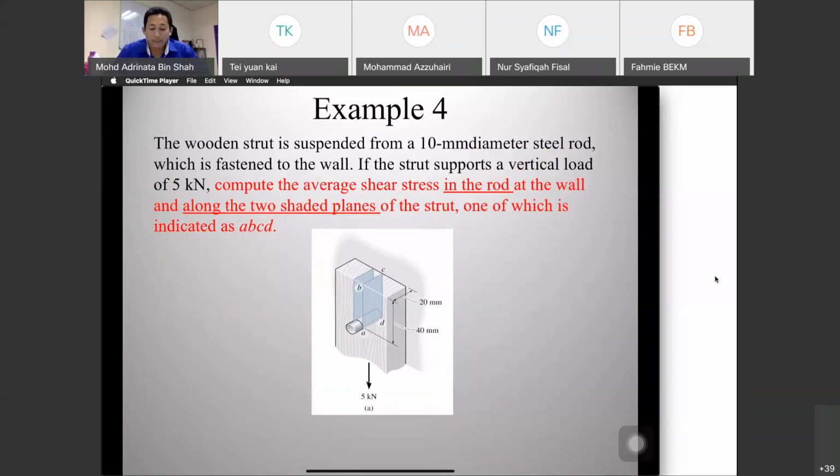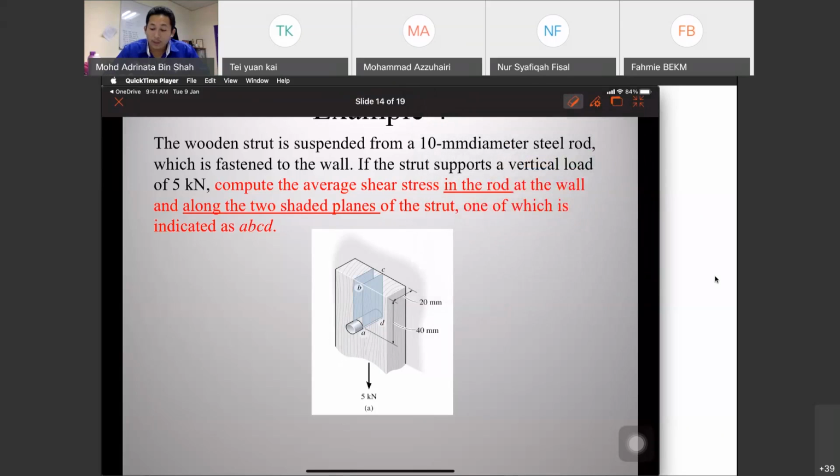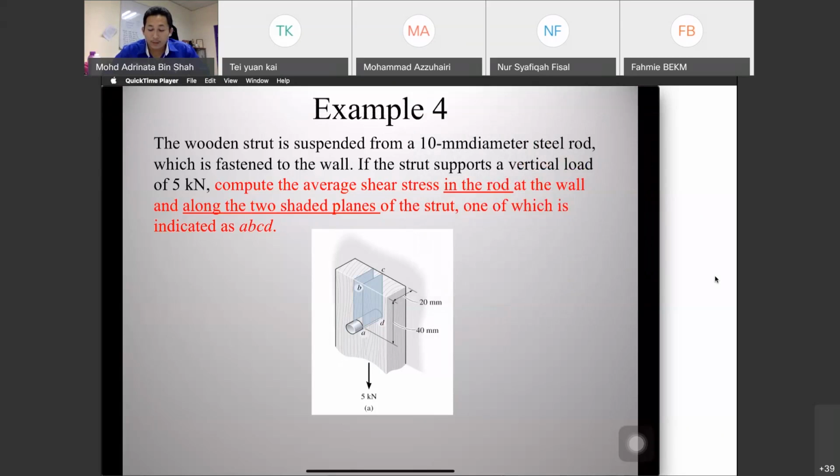Example. The wooden strap is suspended from a 10 millimeter diameter steel rod. So, wooden strap. Which one is the wooden? This one or this one? If you look, you can tell which is the strap, the wooden strap, and also the steel rod.